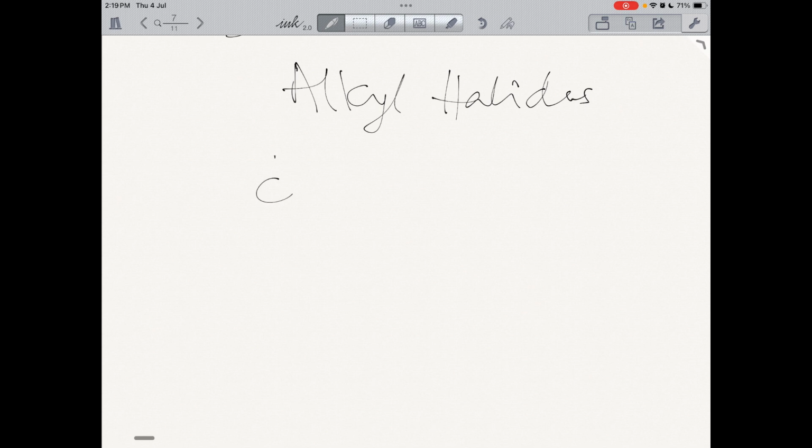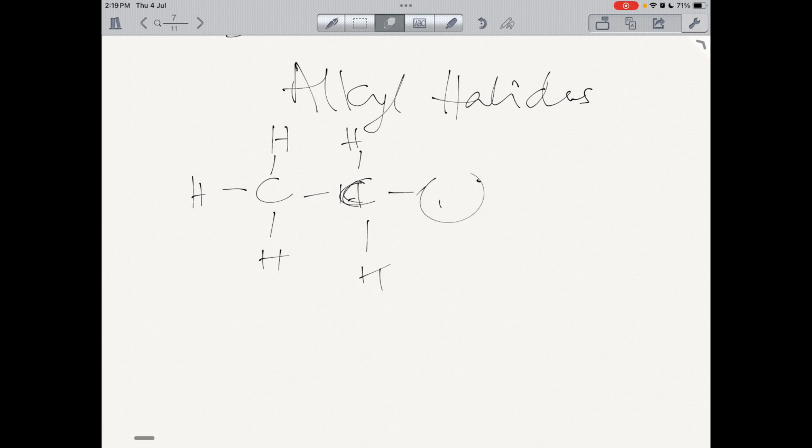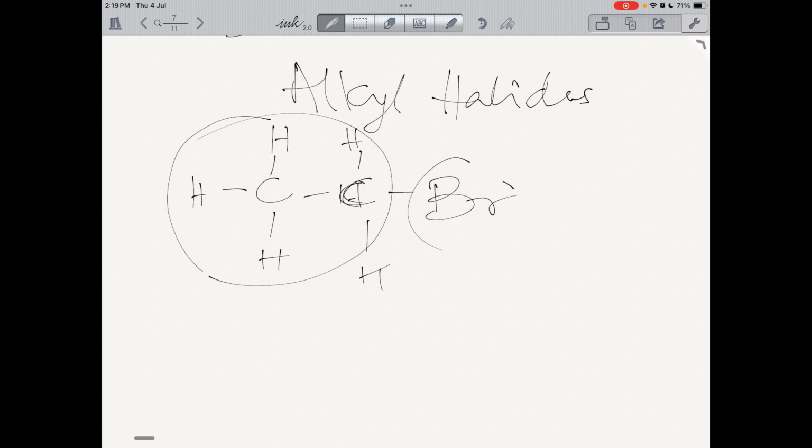You have methane, for example, or better still ethane. If I replace one of these hydrogens with a halogen, say Br, this is an alkyl halide.